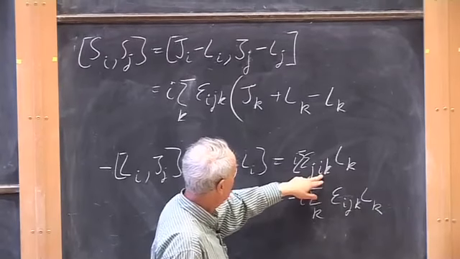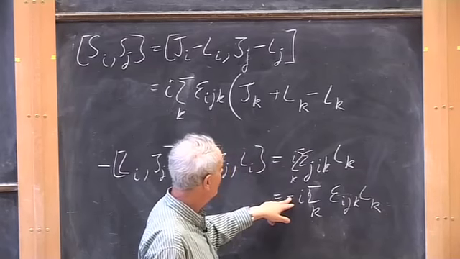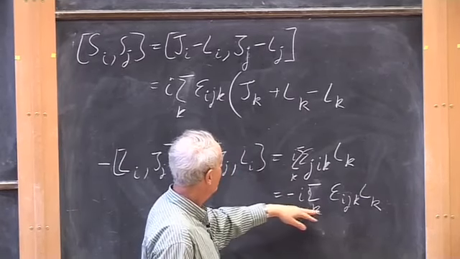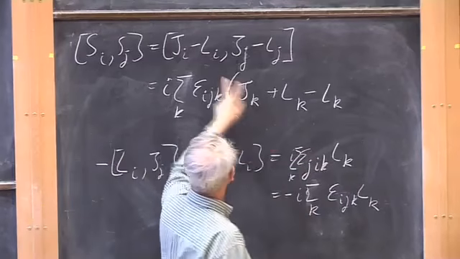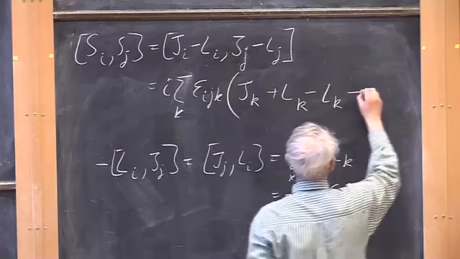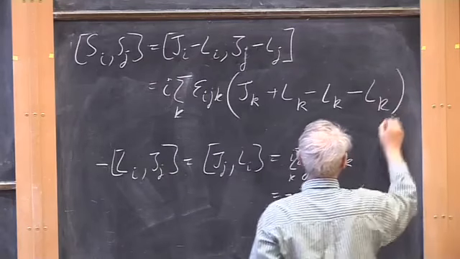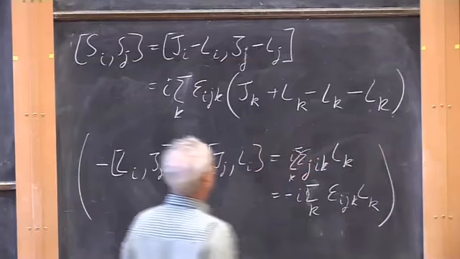I would like to have this in the order ijk, so I swapped those two over and introduced a minus sign to compensate. And then you can see that this thing, including that minus sign, is the same thing as this thing, including that minus sign. So we have a minus another Lk. So this is the justification for that last term there.